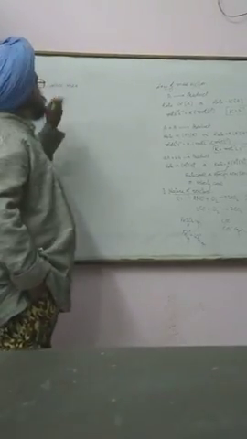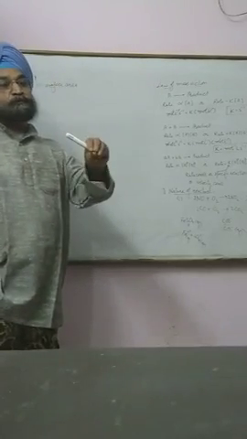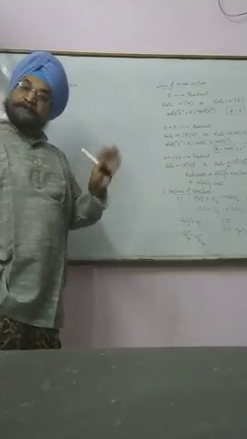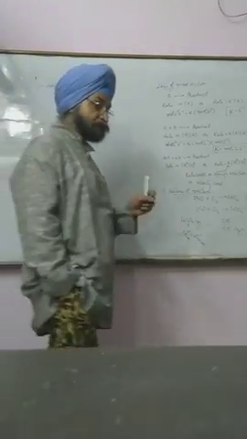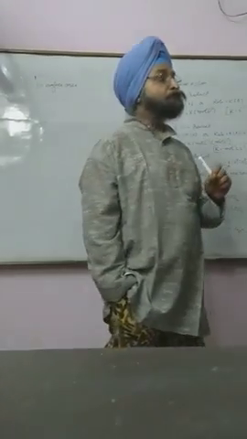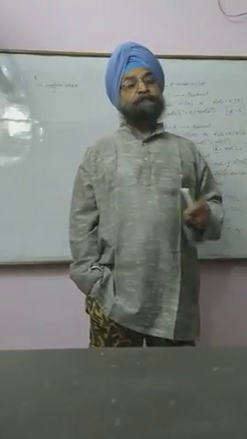Now in case of charcoal powder, if I say charcoal powder, I assume that it may have some maximum surface area, but it is not so. We can further increase the surface area of charcoal powder by heating in a vacuum.